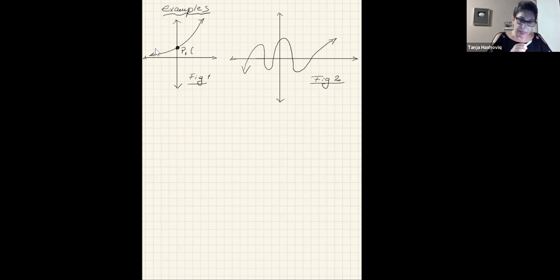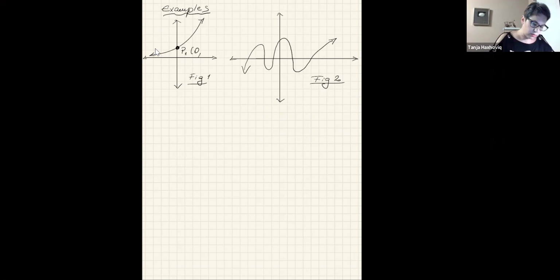Since P1 is the point where the graph and the y-axis meet, it means that this point lies on the y-axis. So the x-coordinate of any point on the y-axis is always 0.